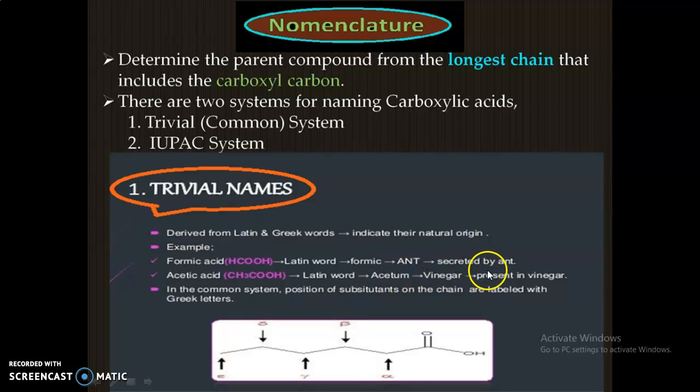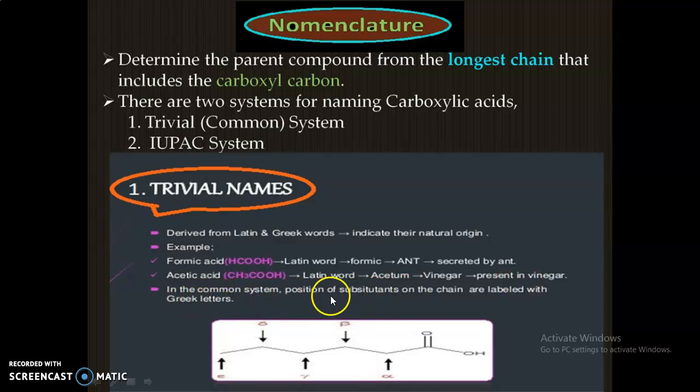It is secreted by the red ant. It is the acid obtained from the secretion of the red ant, so it is named formic acid from the formica source. Next is acetic acid, from the Latin word acetum, which is vinegar, present in vinegar.